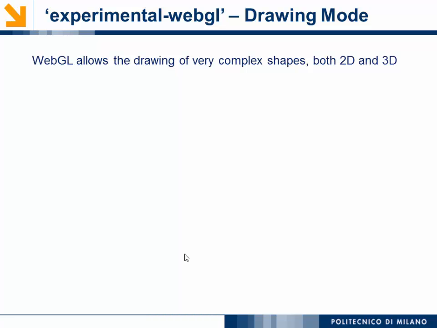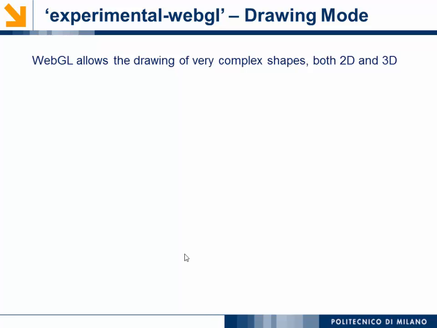WebGL allows the drawing of both 2D and 3D objects. We start today with the 2D object drawn by using WebGL, and you will see that drawing a 2D object in WebGL is extremely complicated for the result. But the good news is that it is exactly the same difficulty that you face for drawing any complex 3D object.